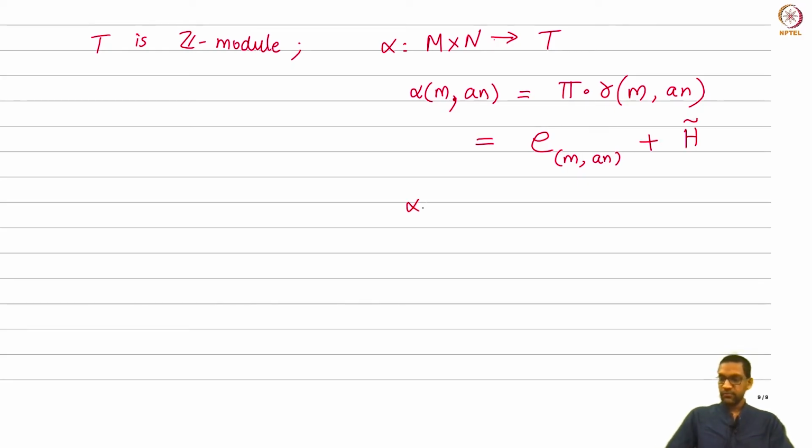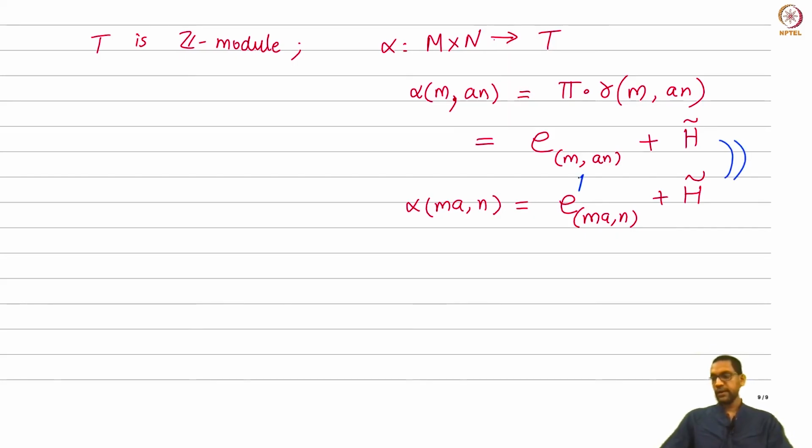On the other hand, if you compute alpha of (ma, n), by the same token, this is just e of (ma, n) plus H tilde. But observe these two cosets are equal. Why? Because the difference between these two elements, e of (m, an) minus e of (ma, n), is in H tilde, so these two cosets are exactly equal.